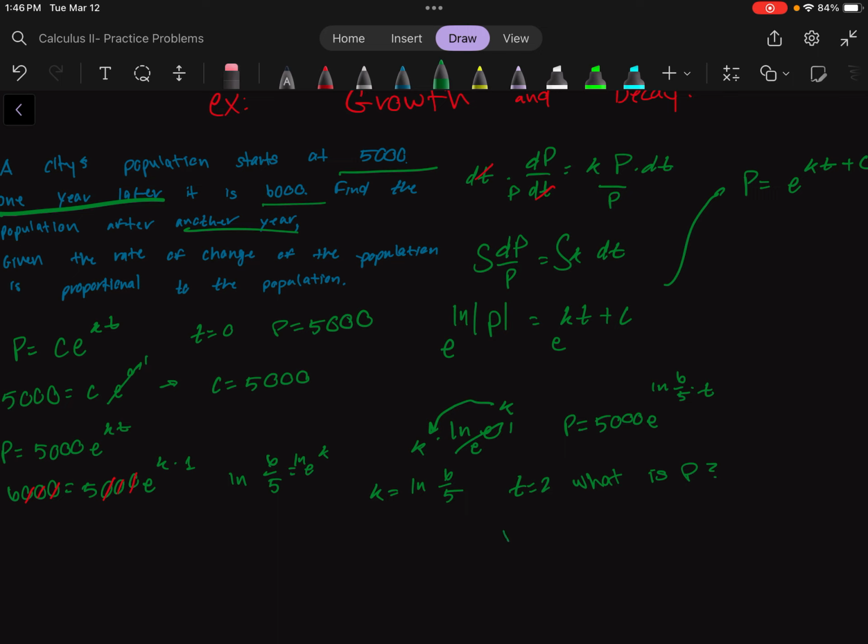So let's see, P equals 5,000 e to the ln 6/5 times 2. And you can plug that into a calculator: 5,000 e to the 2 times ln of 6/5.